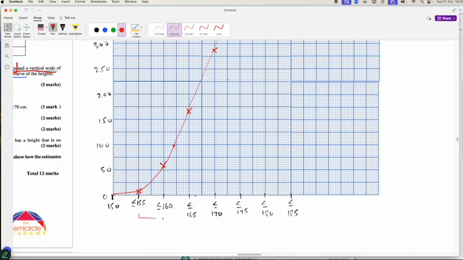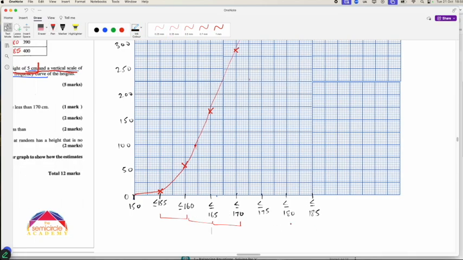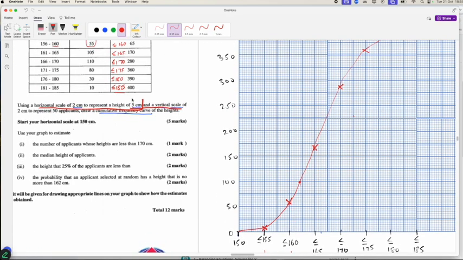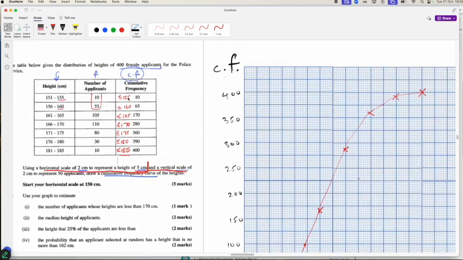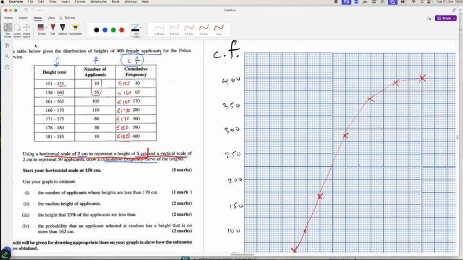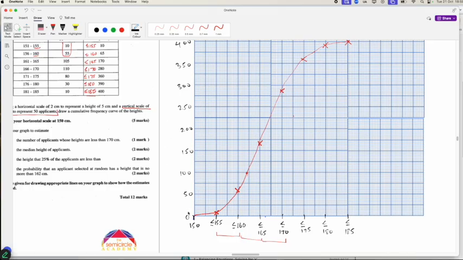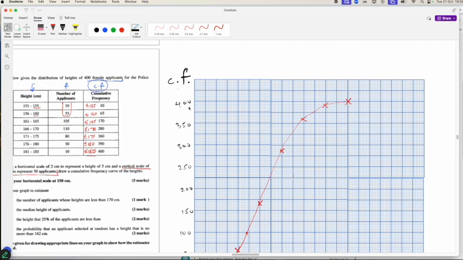Yeah, so 155, 160, 165. That's how I have it going up until my highest was 185, right? And then they say a vertical scale of 2 centimeters to represent 50 applicants. So you can see I've gone from 0 to 50, from 50 to 100, and so forth, up to 400.